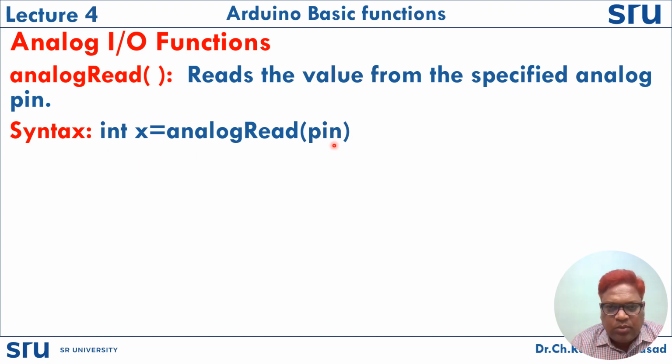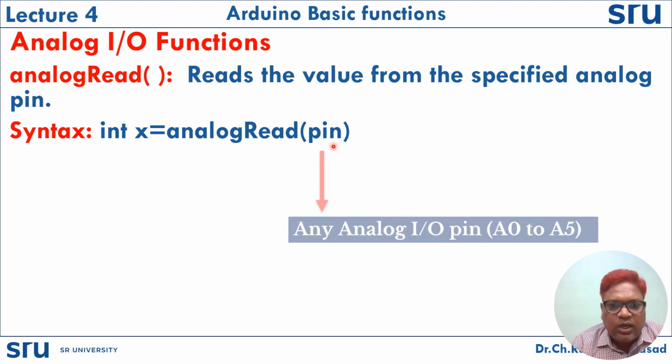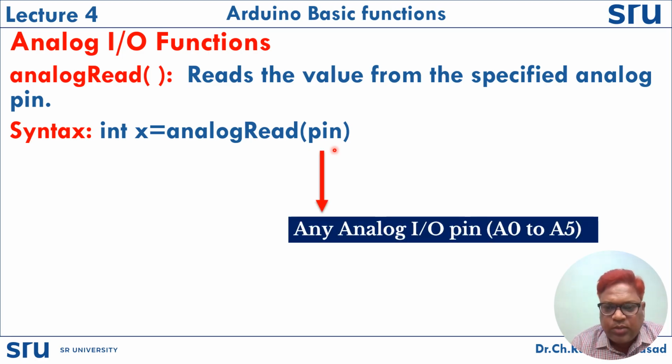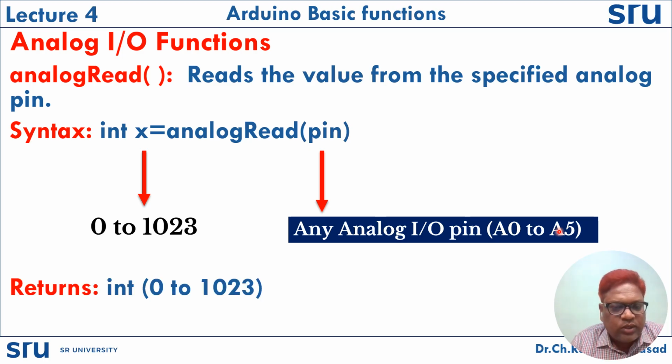Here the pin may be any analog input ranging from A0 to A5, any one of the 6 analog inputs, and the x value may be in the range of 0 to 1023. The function returns an integer value in x ranging from 0 to 1023.